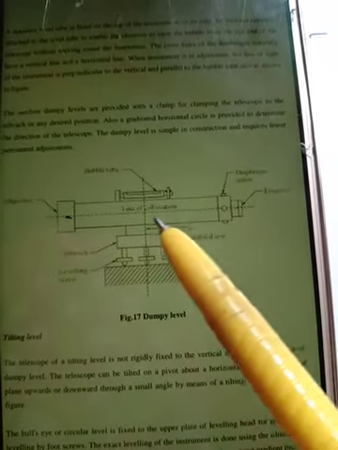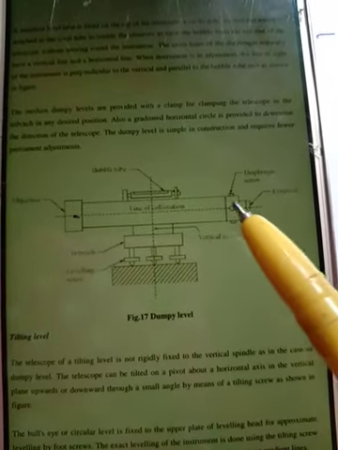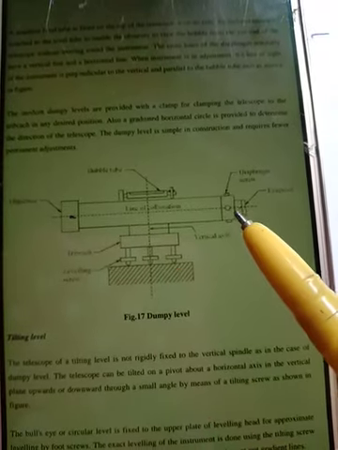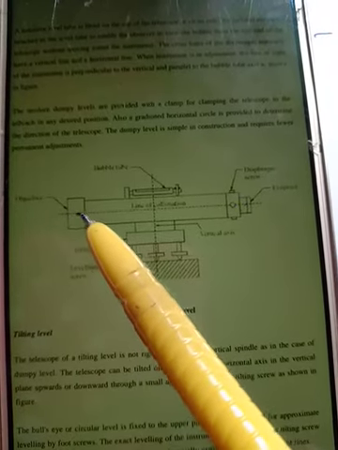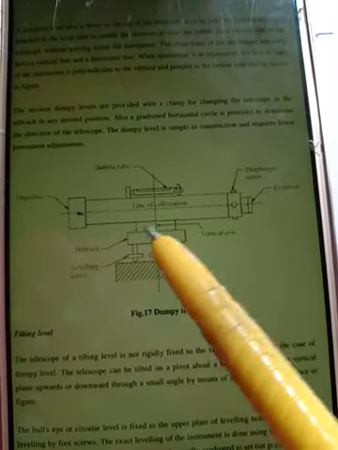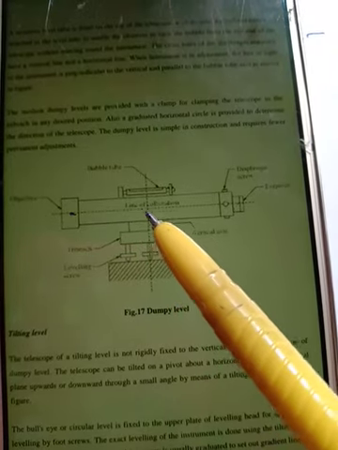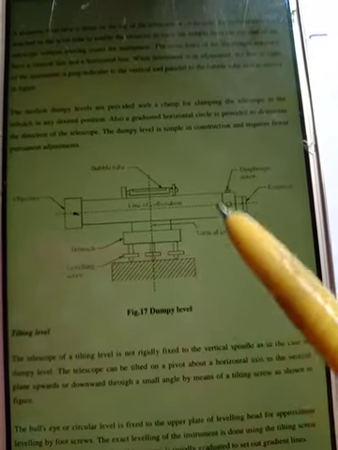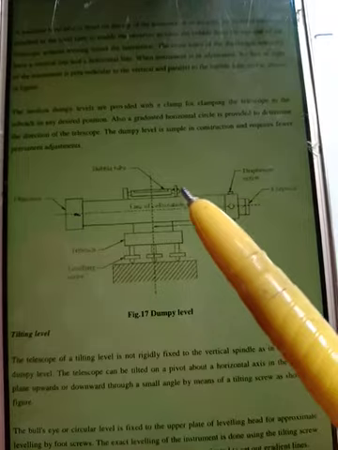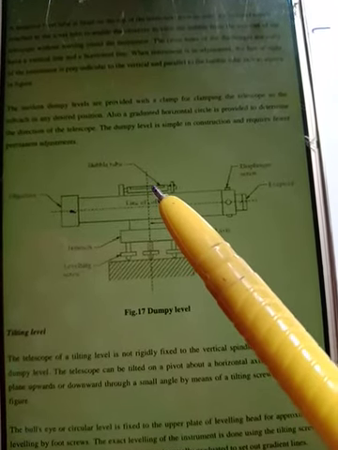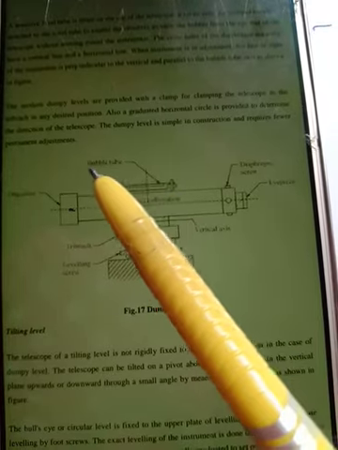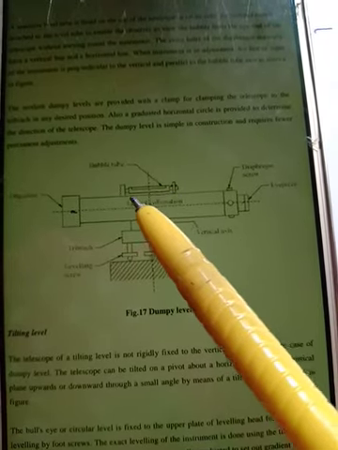This imaginary straight line passing through the center of the eyepiece to the center of the objective is termed as line of collimation when this dumpy level is placed exactly leveled or horizontally with the help of this bubble tube.